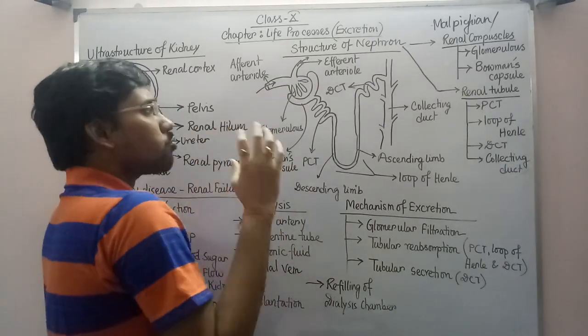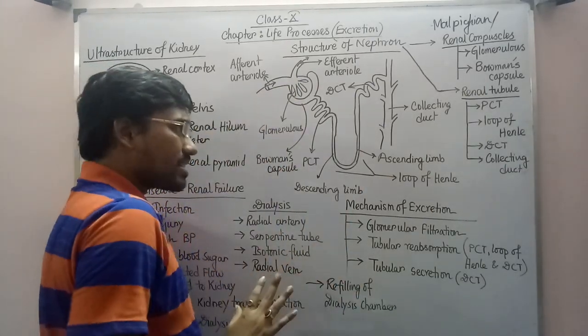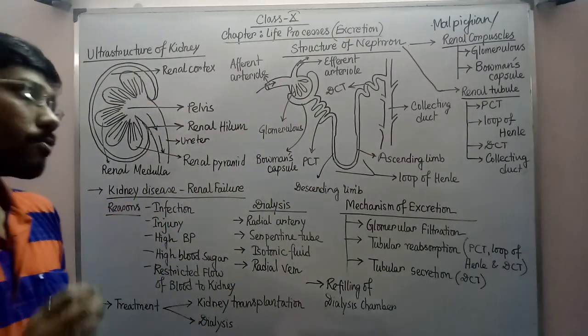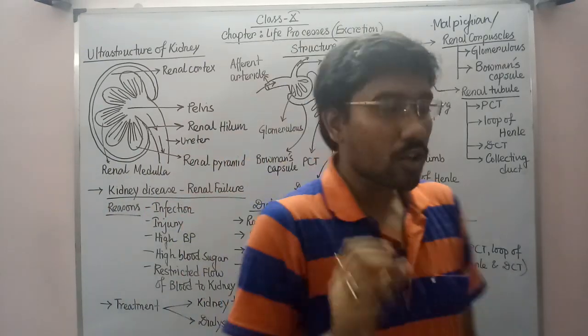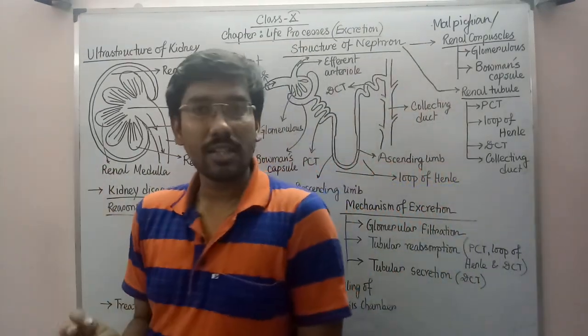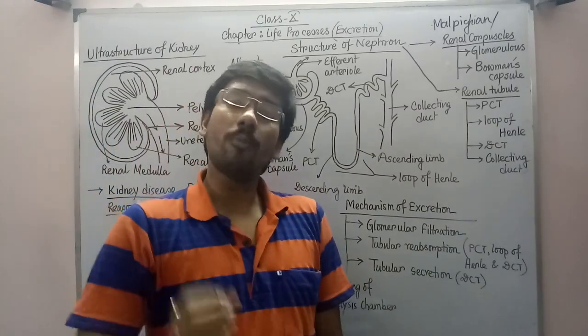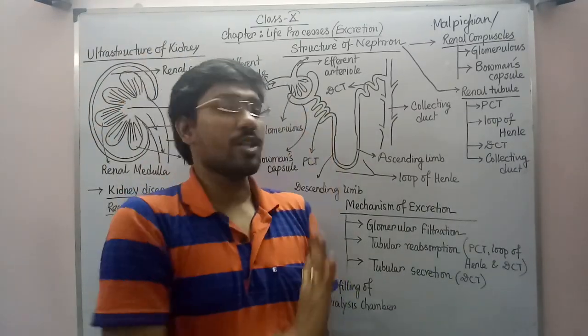Now, glucose, amino acids, water and several other toxic agents or toxicants have come to the PCT region. Keep it in your mind, this PCT region is exclusively for the reabsorption of glucose, amino acids, and so many other important substances with water, because water will be absorbed conformably in this PCT region.